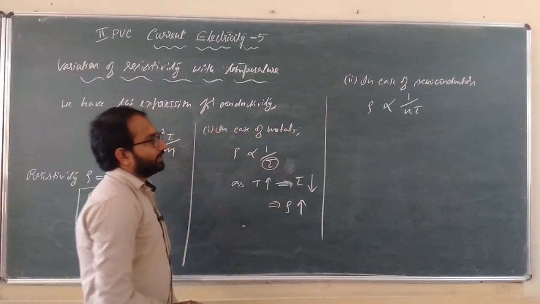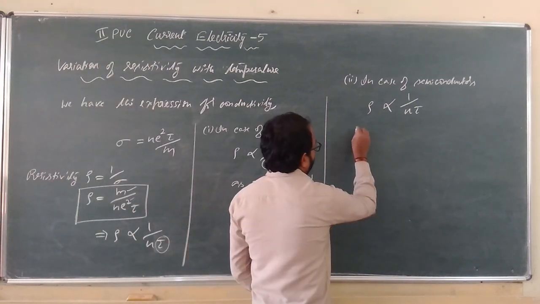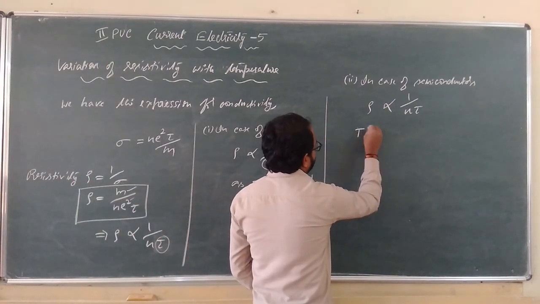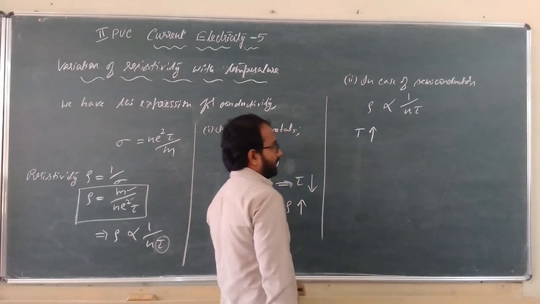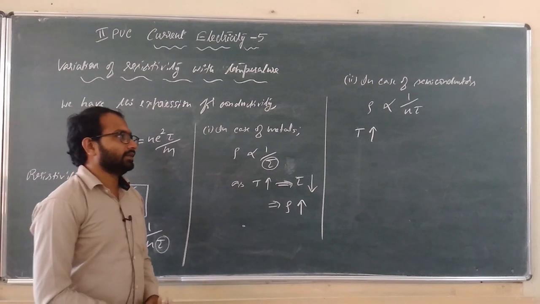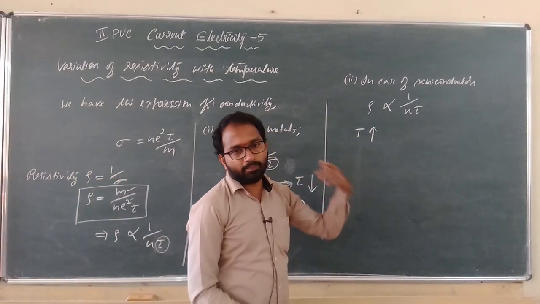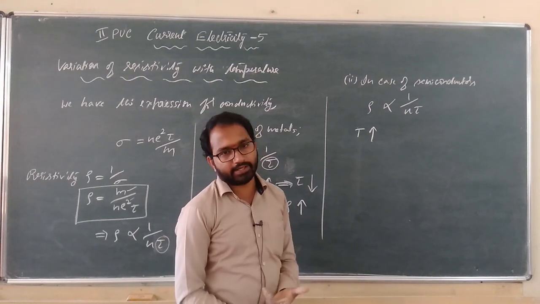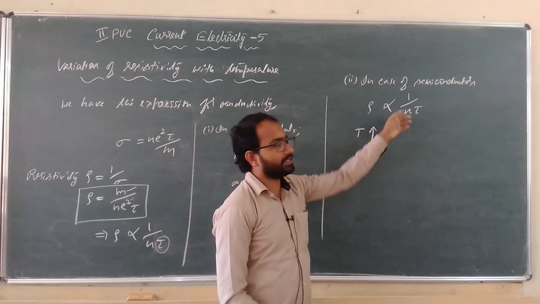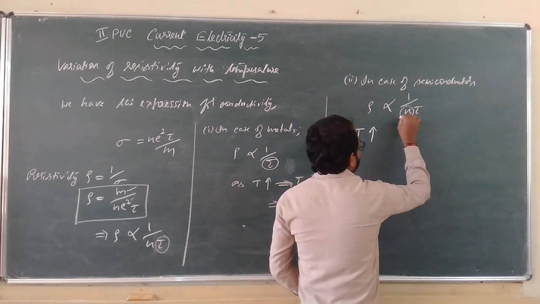In this particular case, in semiconductors, if the temperature is increased, what happens? More charge carriers are generated. Due to the increase in temperature, more electron hole pairs are produced, due to which number density increases.